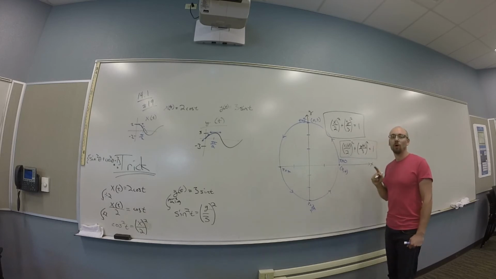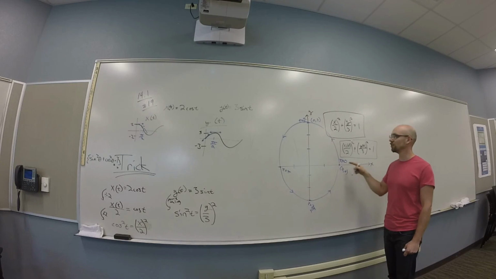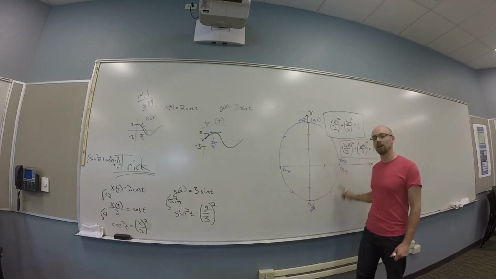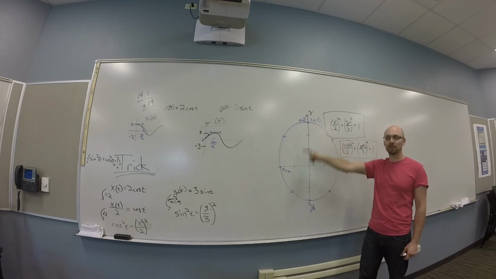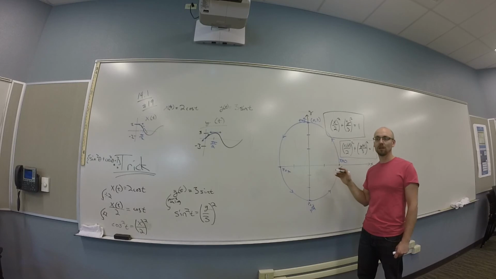So dropping the t's loses me information, and it definitely does. The information it loses is which direction I'm going around this ellipse, and how fast. Does that make sense? So I really am losing information there.